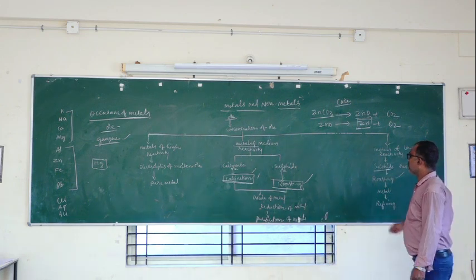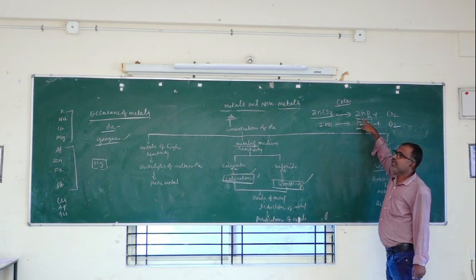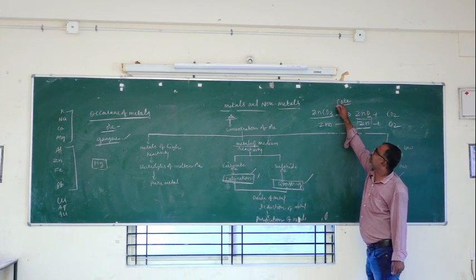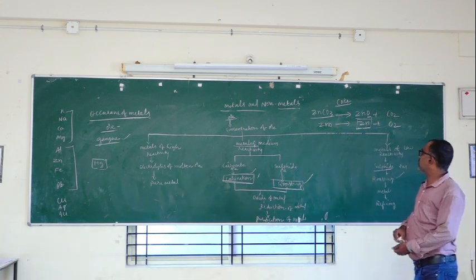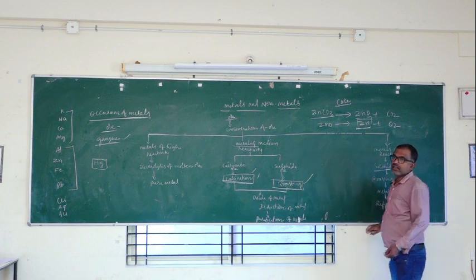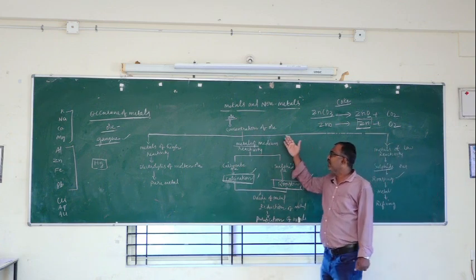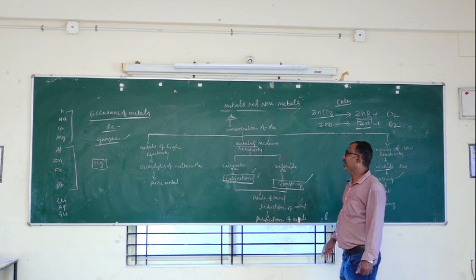We are going to get the oxide of metal. To get the metal, we have to reduce with the coke. So by reducing with the coke, finally we are going to get the metal. So this is about the metals of medium reactivity.